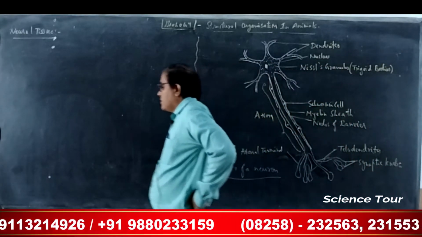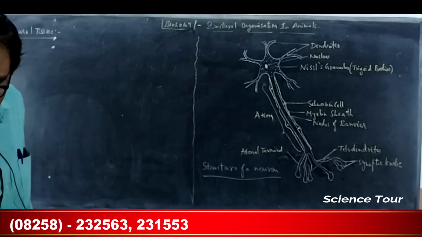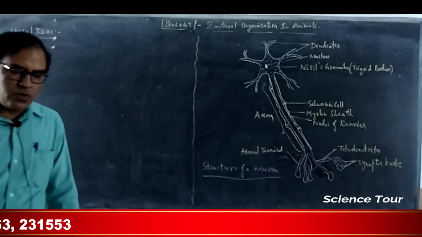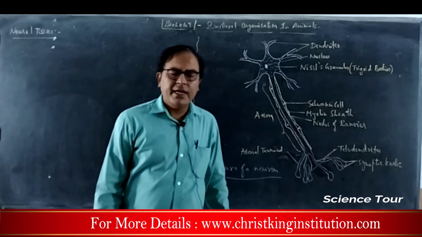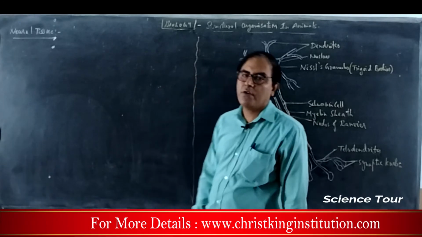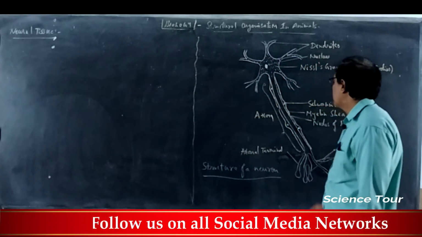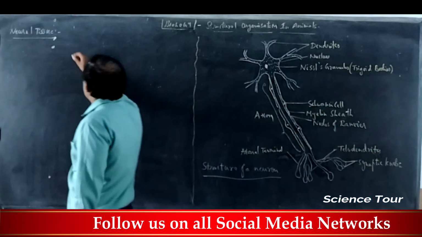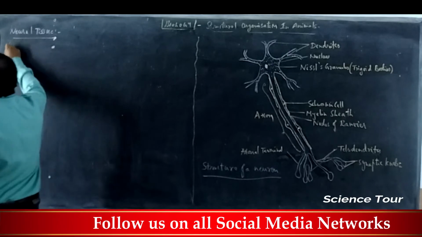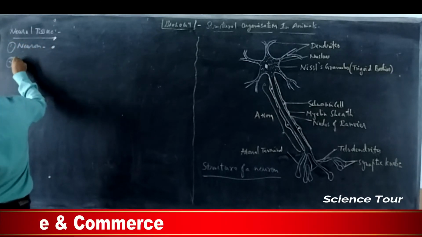Now we will see what neural tissue is. Neural tissue is a very important tissue. It is the structural and functional unit of the nervous system, that is called the neuron. So, the neural tissue contains two parts: one is neuron, another one is neuroglial cells.